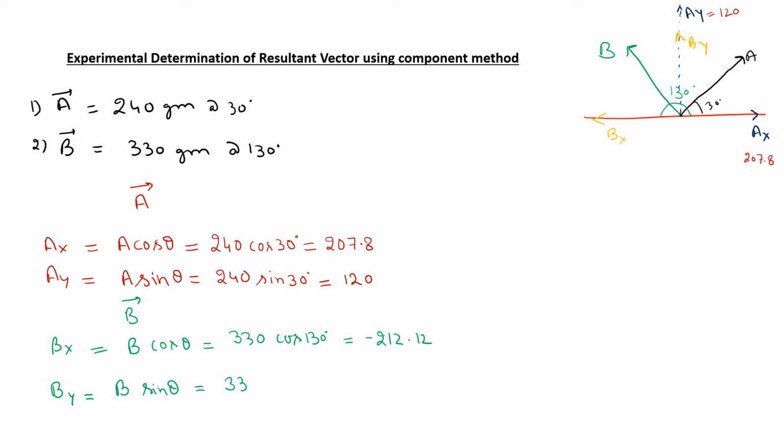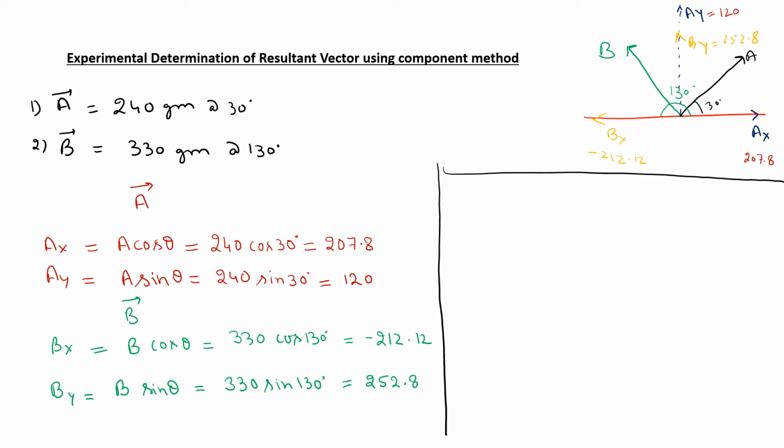That means the magnitude 330 and sine of angle 130, and this comes out to be 252.8. So we got our components for these two vectors.